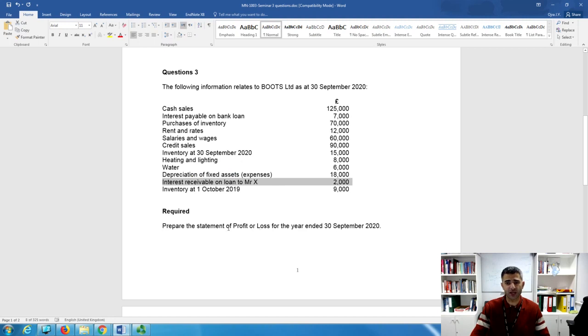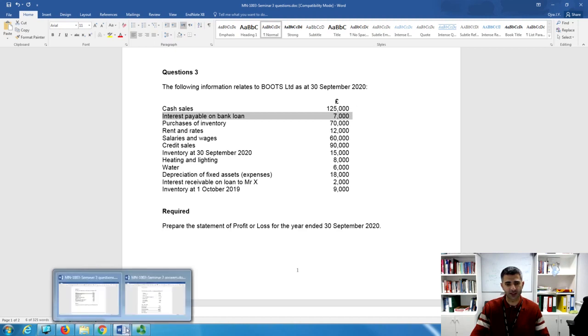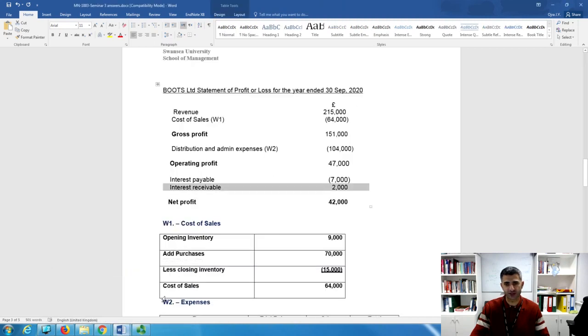That's other income. You add it on top of operating profit and you deduct the interest payable or the tax payable if available. And here we go. This is the interest payable, which the business pays because they take a loan. So they pay interest on it, isn't it? So that's here. Interest payable minus bracket.